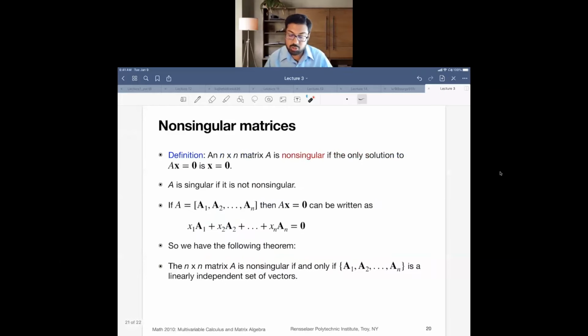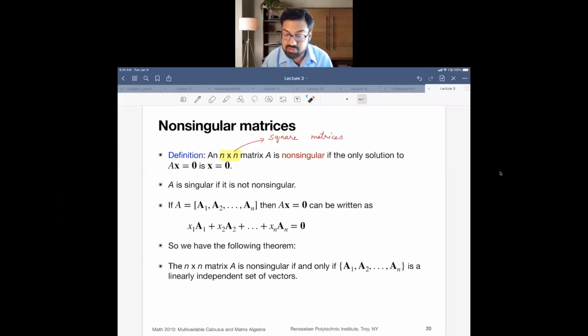Next, non-singular matrices. Non-singular matrices are square matrices, right? You see this is n by n, so we are talking about square matrices here. The definition of a non-singular matrix is a square matrix for which the only solution to Ax equals 0 is the trivial solution.